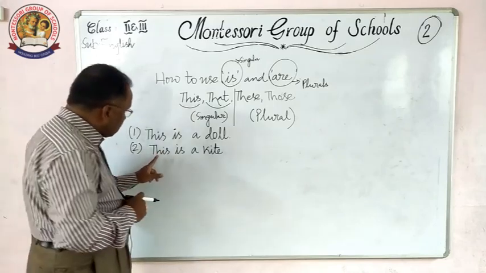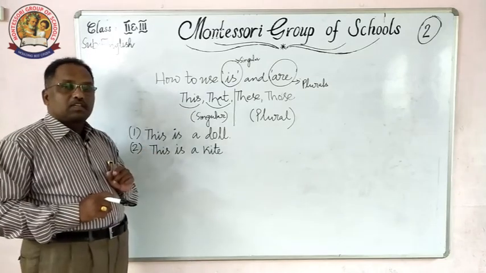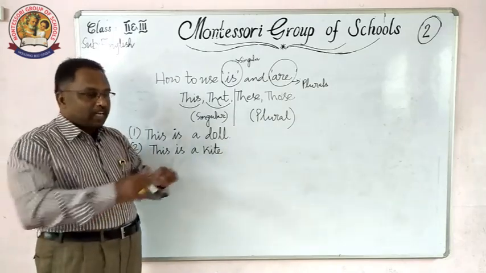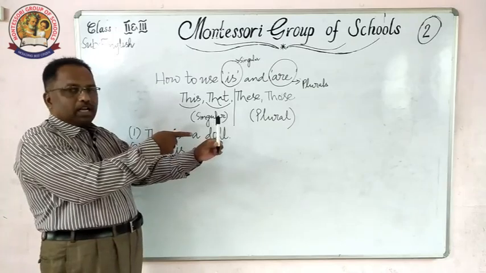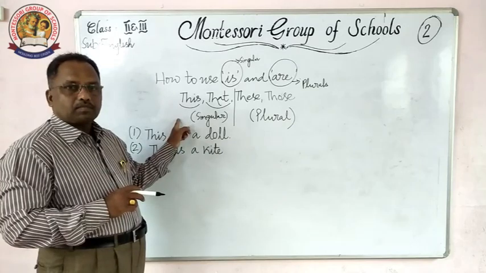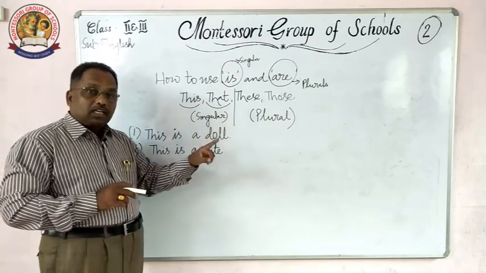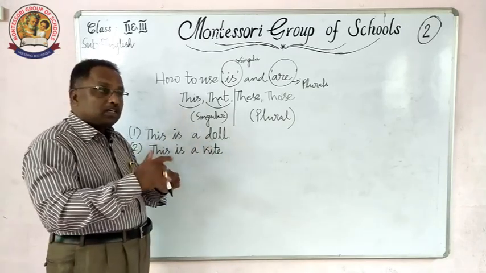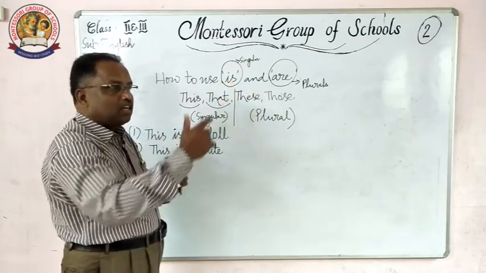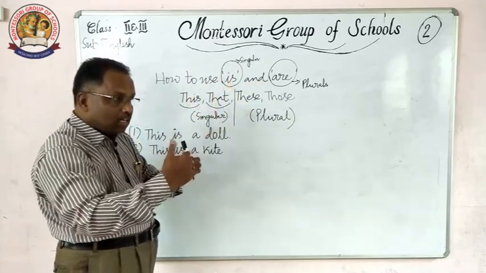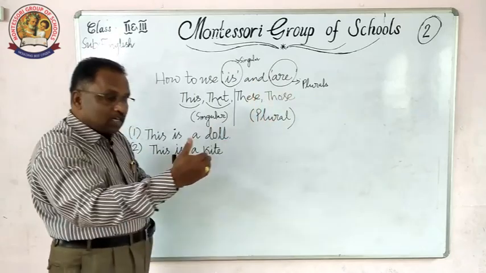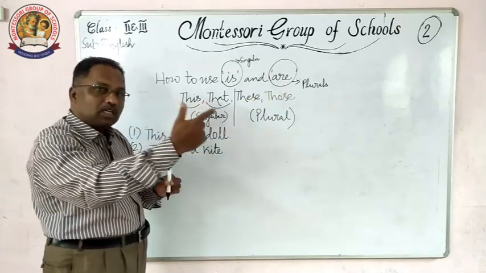This we use for the objects which are nearer to us, like this is a pen, this is a board. That we use for the objects which are a little bit away from us. మనకంటే దూరంగా ఉన్నప్పుడు that ని వాడాలి. మనకి దగ్గరగా ఉండేటప్పుడు this ని వాడాలి. రెండు కూడా సింగులర్.